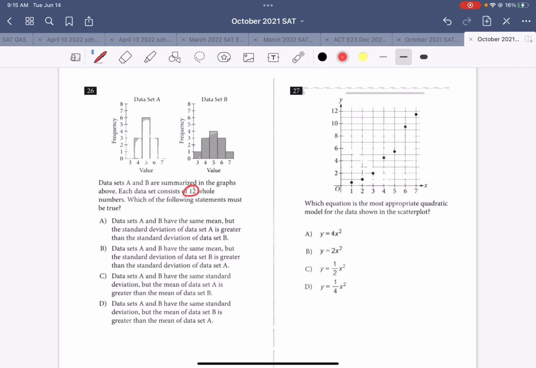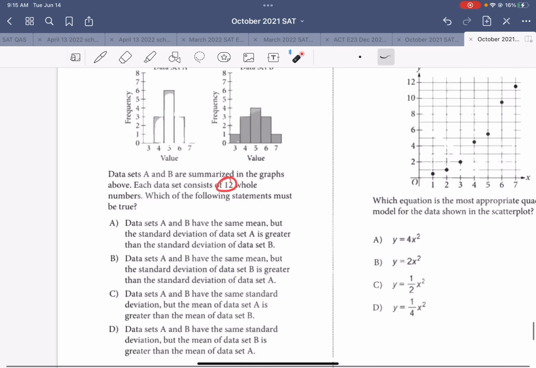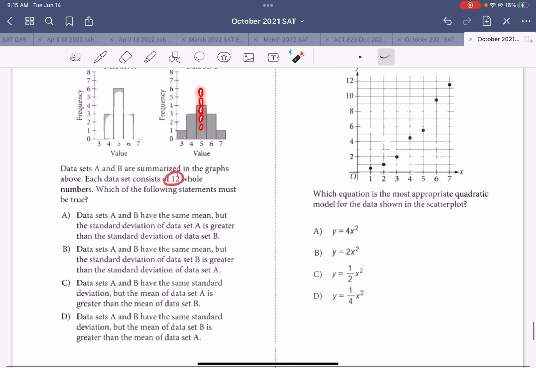So if you look closely at this data set, the median is 5, and it spreads out evenly on both sides, right?